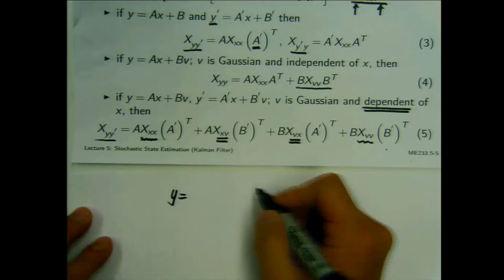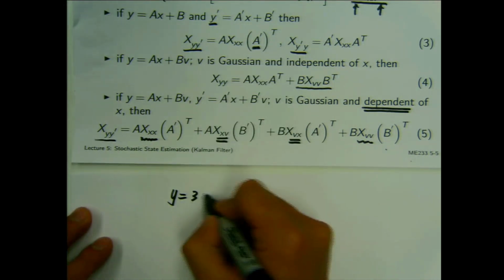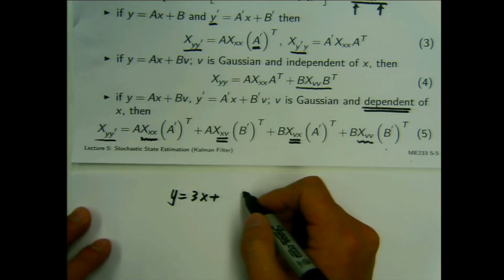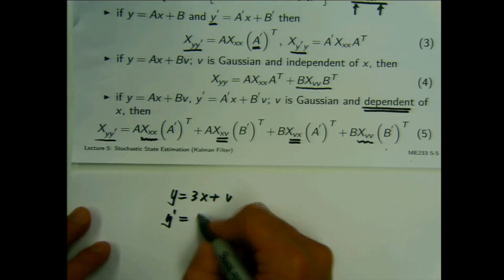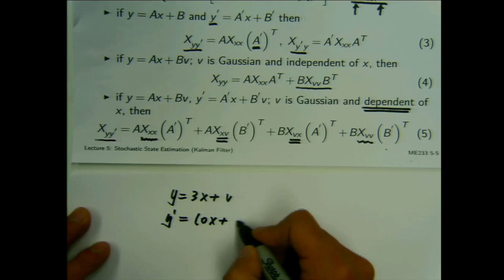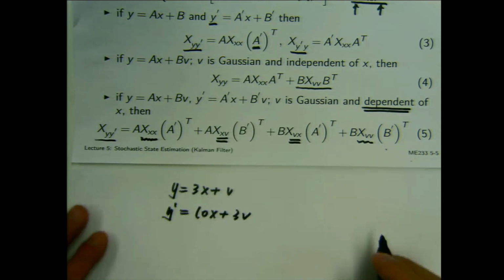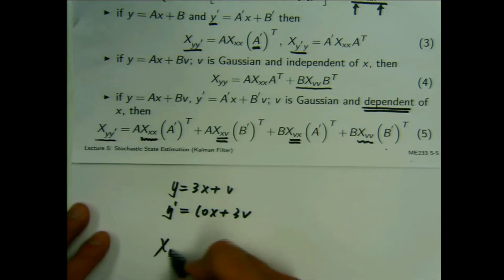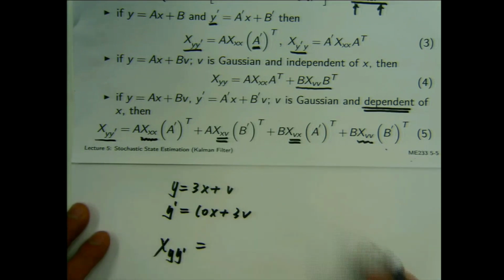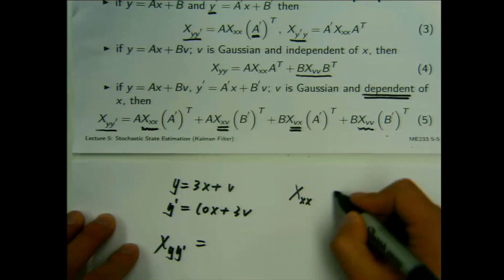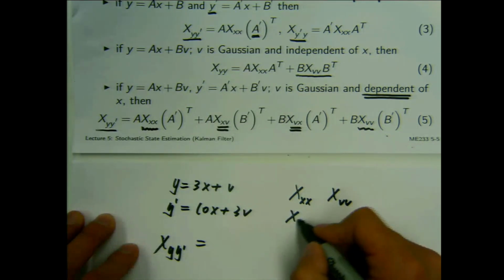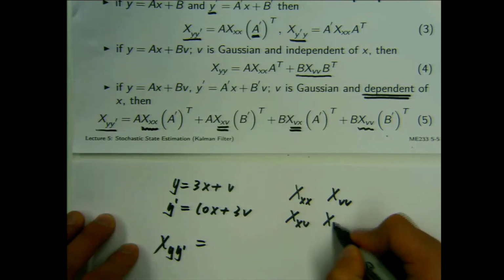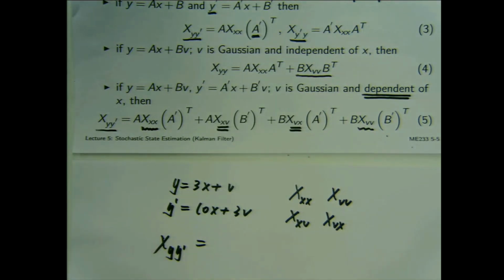Y equals 3X plus V. Y prime equals 10X plus 3V. What's the cross covariance between Y and Y prime? Just use these assumptions without giving explicit values.